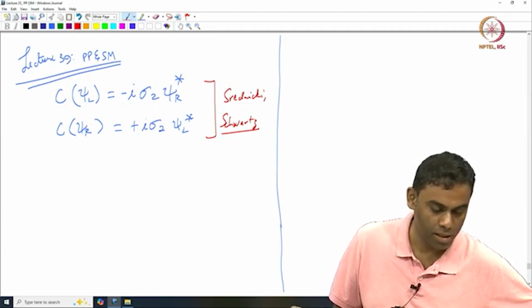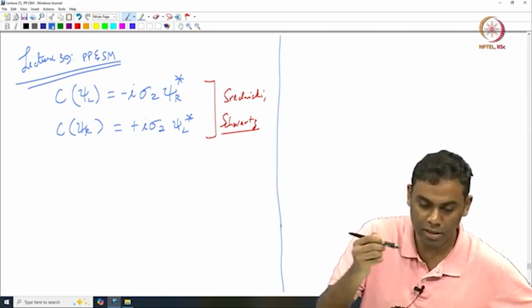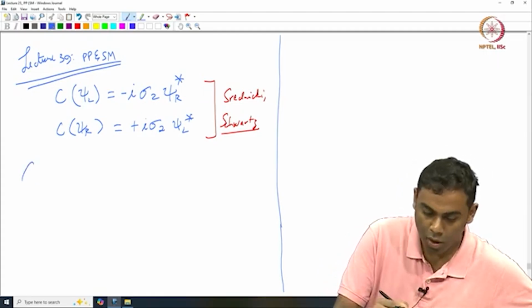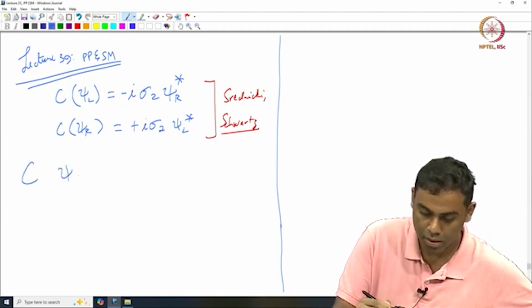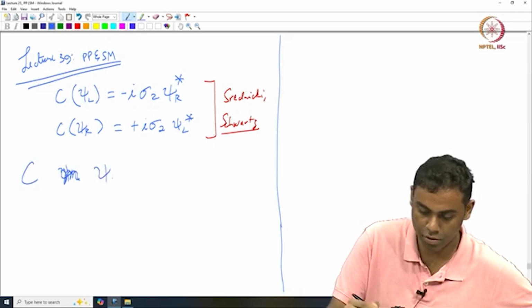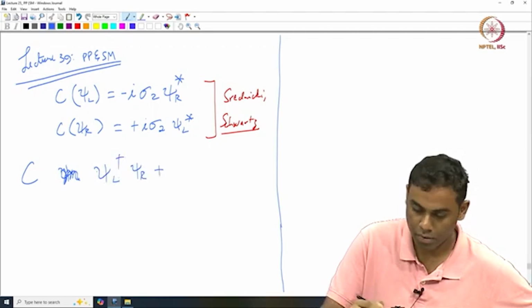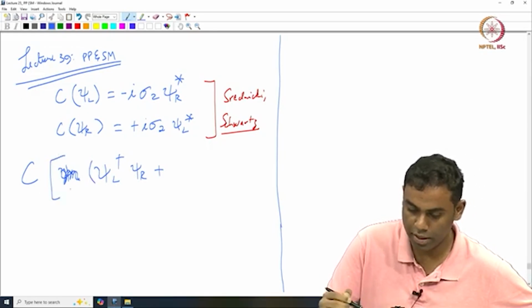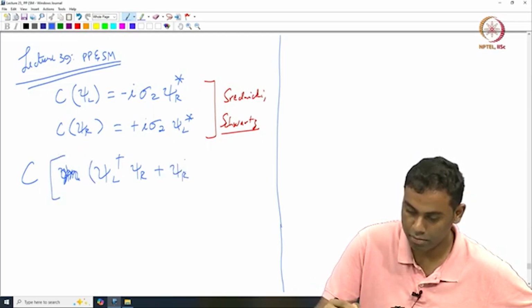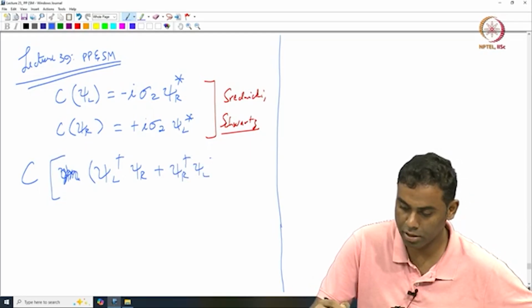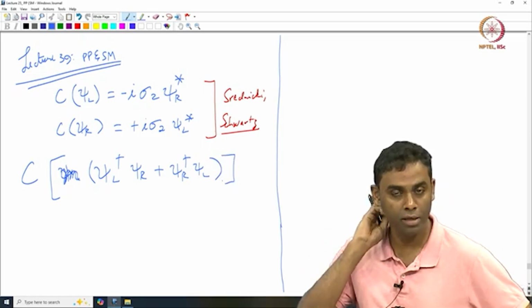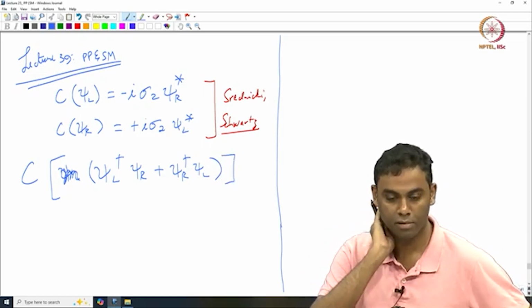Okay. Now let us inspect what happens to the mass term basically in the Lagrangian, right. So remember, this was the only Lorentz invariant way of writing a mass term. I keep saying this, right. You have to marry the left and right handed spinor fields.